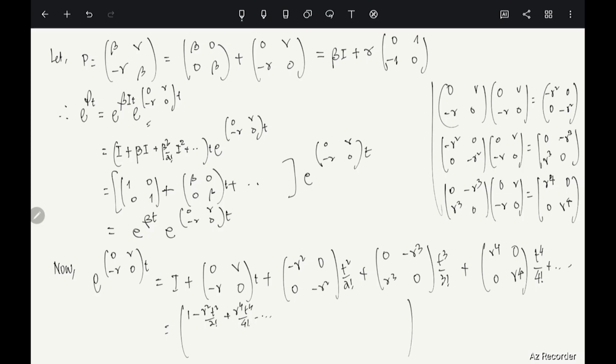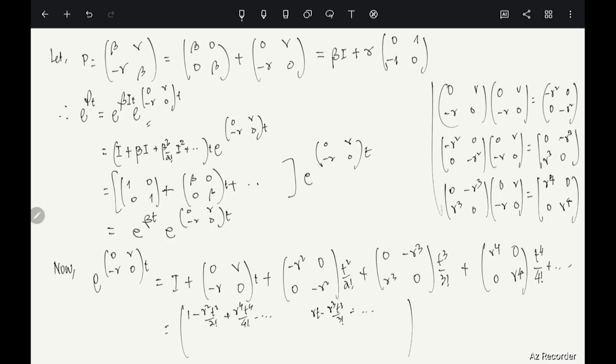That's the first entry. What is the first row second entry? The first term is 0, the second is gamma t, and from here minus gamma cube t cube by 3 factorial, and it goes on like this.